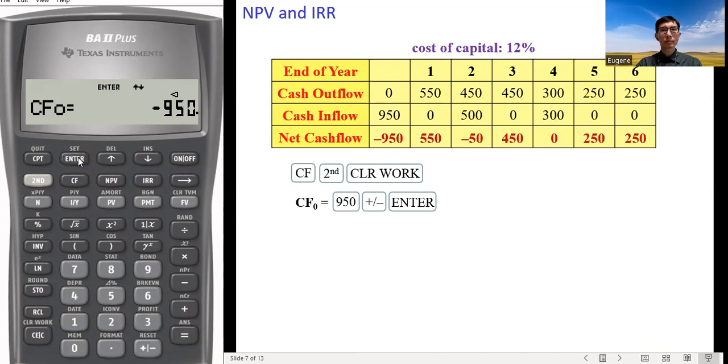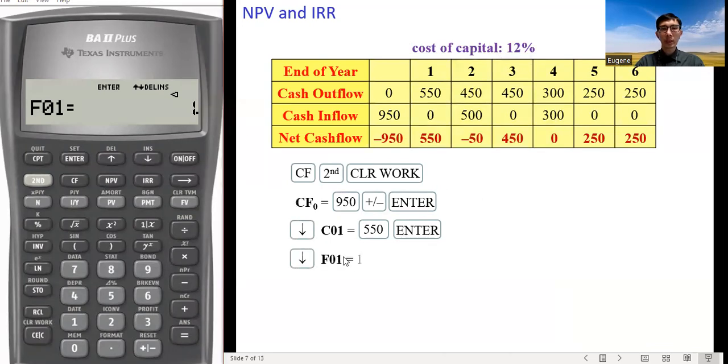Press enter. And then we can enter the first net cash flow amount, 550. All right, C01 equals 550. And the corresponding frequency is 1. This is already 1 by default, so we do not need to change anything.